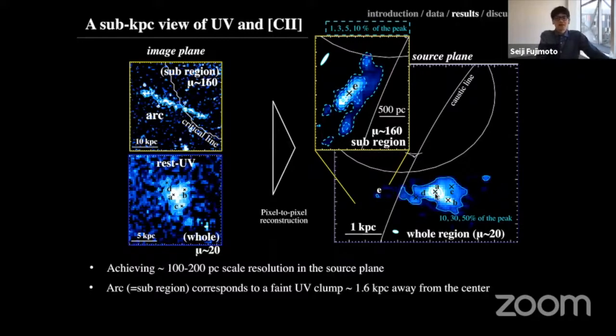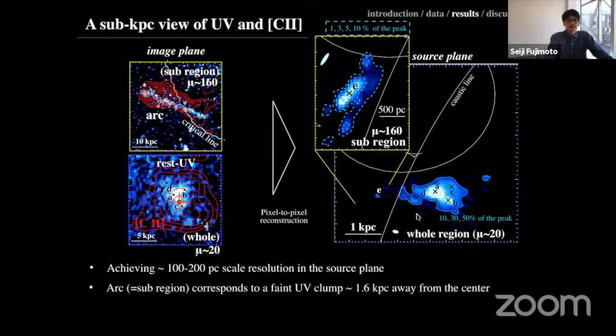So this nicely illustrates the power of lensing, making even the faintest outskirt emission highly visible, which is almost invisible in the reconstructed map from other multiple images, even with the magnification factor around 20.